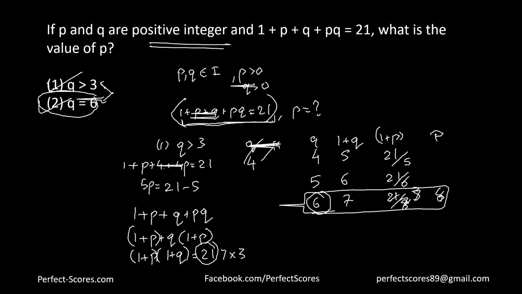I was going for plugging in here, but then I realized I need to simplify this particular statement, 1 plus P plus Q plus PQ, and that gave me 1 plus P into 1 plus Q, which actually helped me plug in. So it's not just plugging in and algebra, they actually go together. It's a balance that you have to bring when you practice questions.